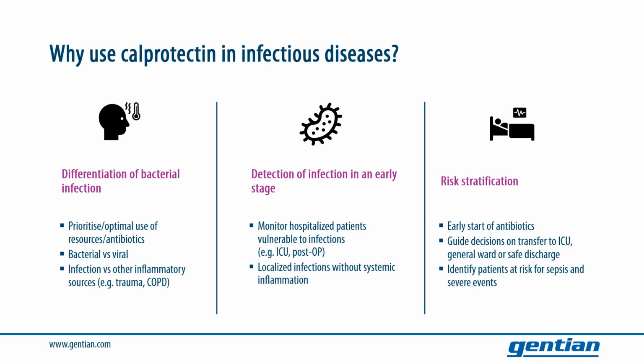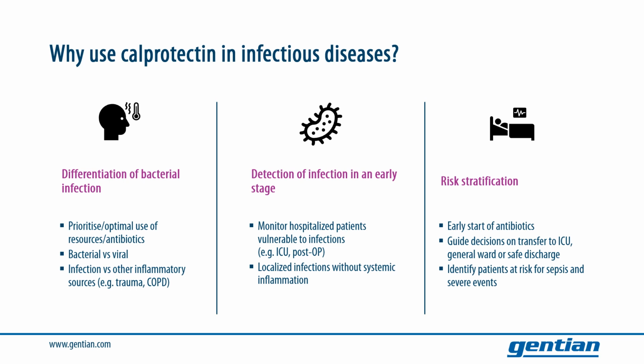In addition, some infections may present as localized without significant systemic inflammation. Recognizing these infections early is essential to prevent their spread and potential complications. Calprotectin can aid in managing localized infections effectively, also avoiding unnecessary hospitalizations.